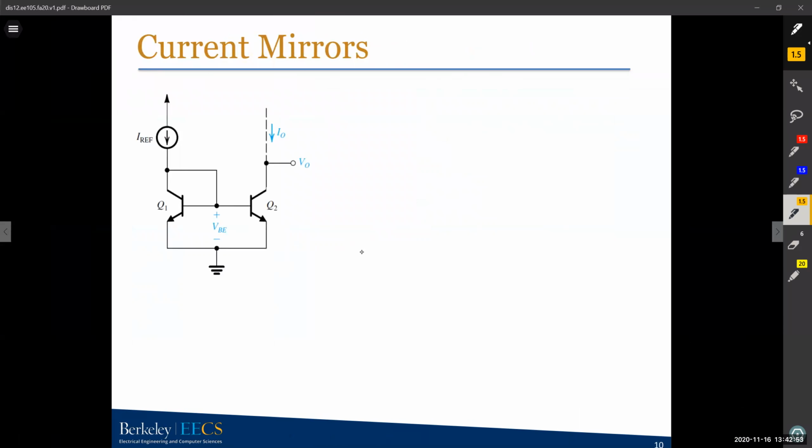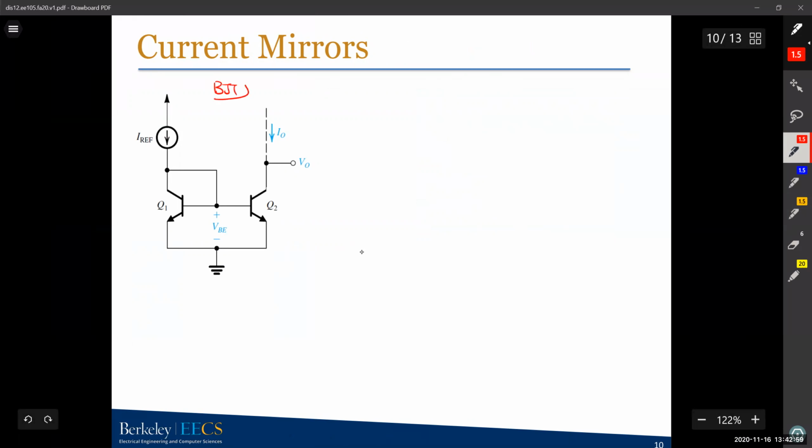So this is what you have seen here. It's a simple current mirror for BJT. Why do I say this is a current mirror? The current mirror is usually used for biasing circuits. If you want to bias your circuit, you can use a current mirror to do that.